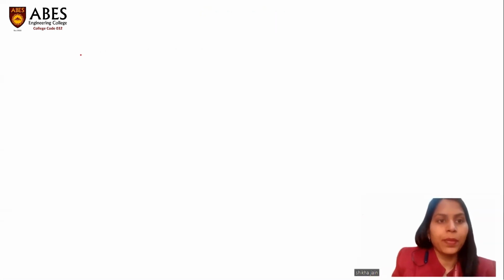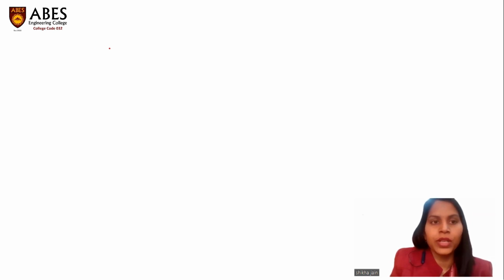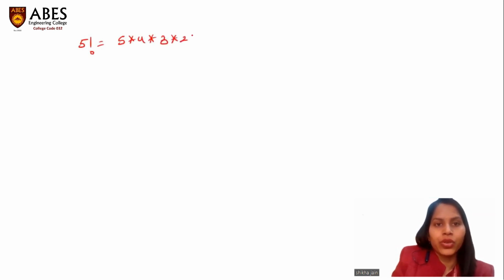Now I take an example of factorial, finding the factorial of a number. Then we will see how we divide this problem into smaller subproblems and what should be the base case of a factorial, right? The factorial of 5 is 5 into 4 into 3 into 2 into 1.